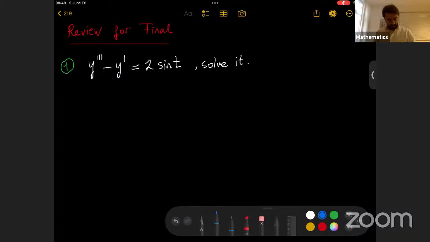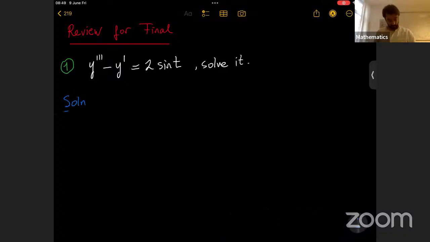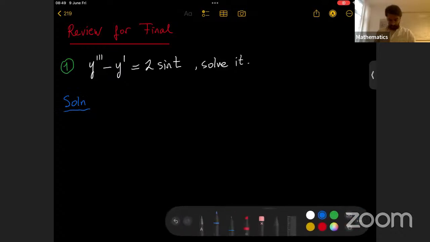Well, it's the third order non-homogeneous equation. There are two ways to do that. You can either use undetermined coefficients, you guess the particular solution and solve the homogeneous part, now you add these two. Or you can use annihilator.